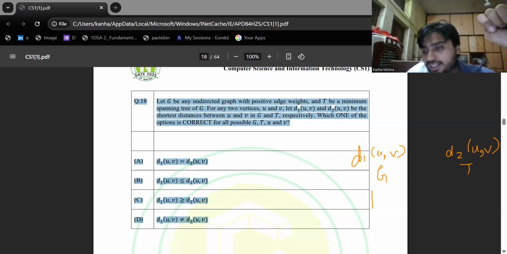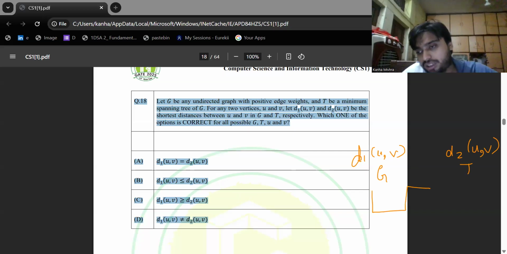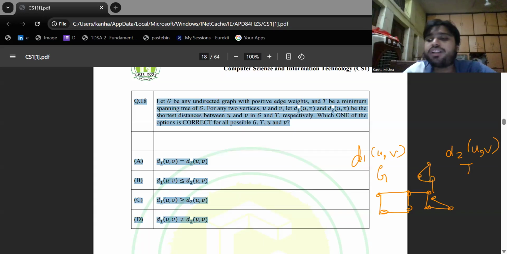So let's take a complex graph. I want to find the shortest path from a particular point to a particular point.